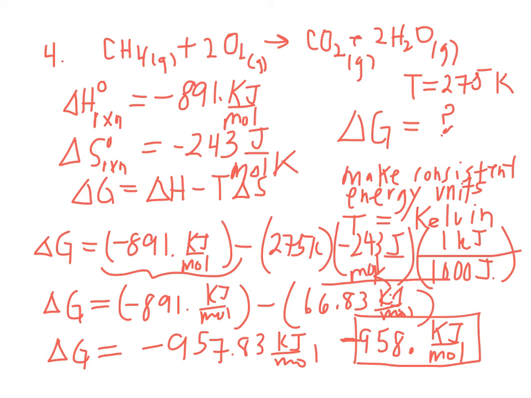You need to know the signs for delta G. If delta G is negative, delta G is less than 0, in other words, it's negative, then the reaction is spontaneous. So the reaction will be spontaneous because delta G is negative.